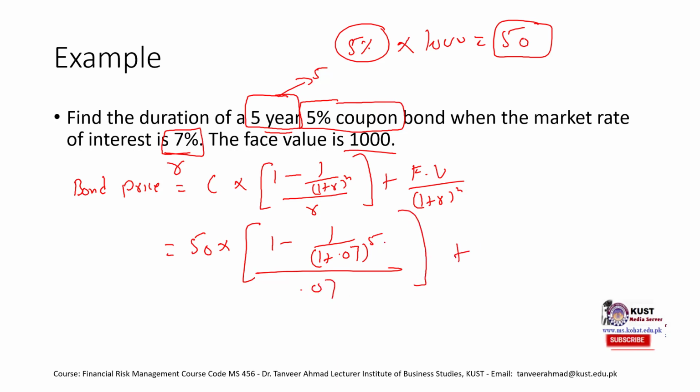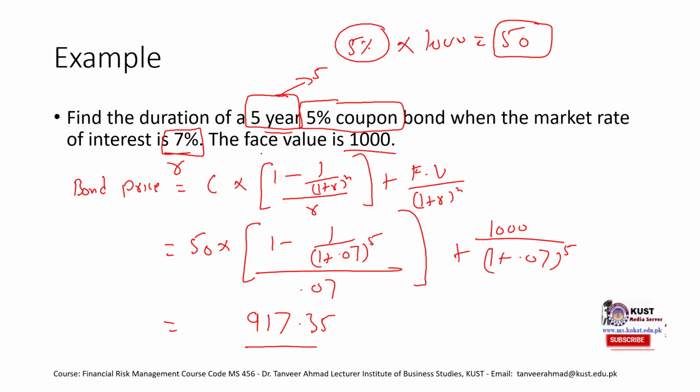This would give us the present value of all the coupons that we would receive. Then we have the face value. This part of the equation would give us the present value of the face value, discounted over 5 years. If we solve this equation, then the total that we get is 917.35. So this is the bond price.